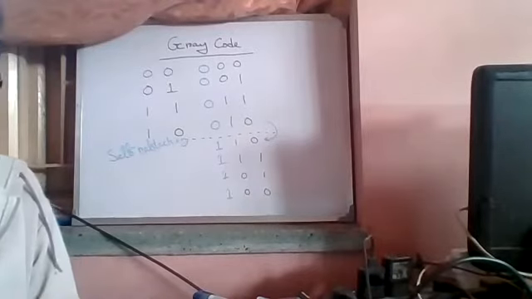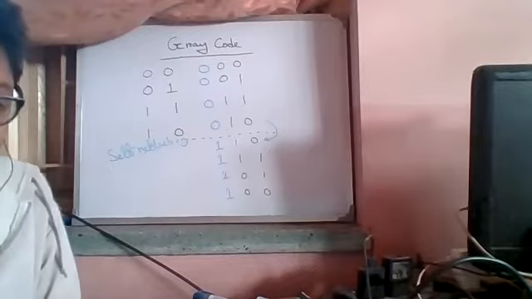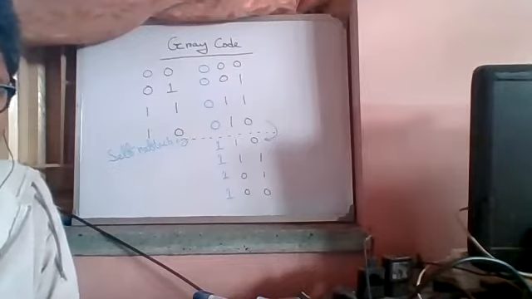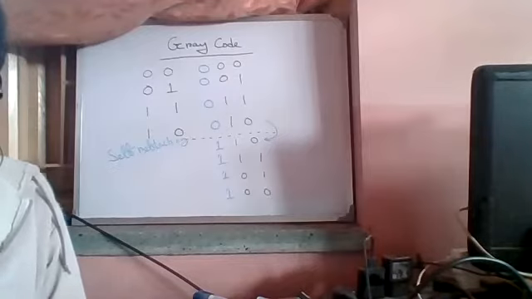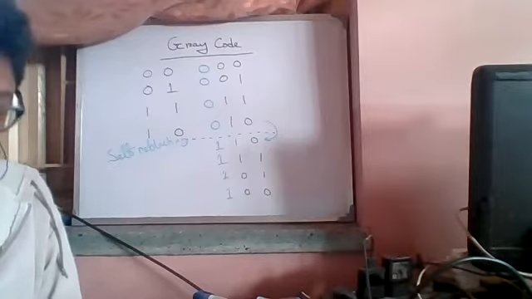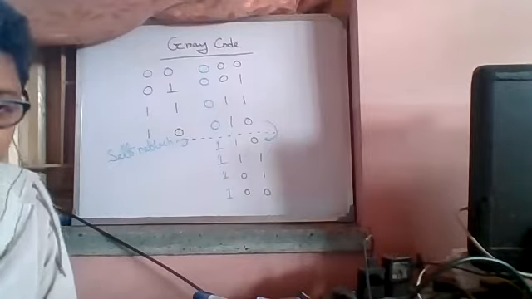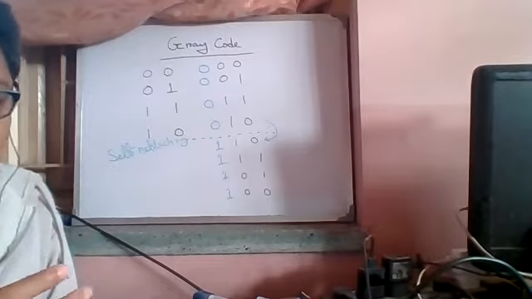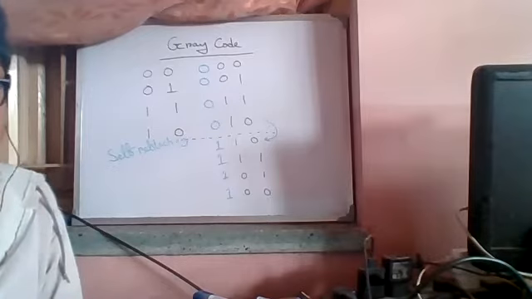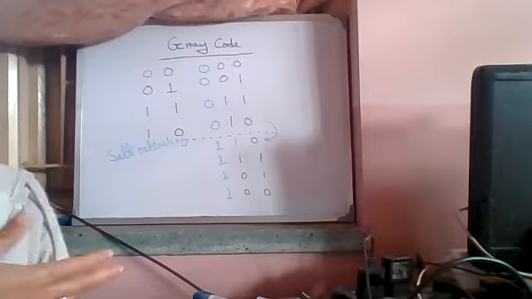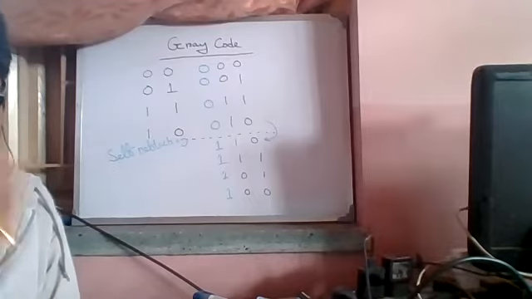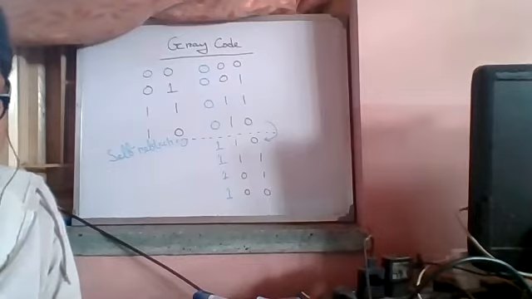What problem? Basically, these Gray codes belong to the class of minimum change codes. And you know, each Gray code number differs from the previous number by a single digit only. That's its property.